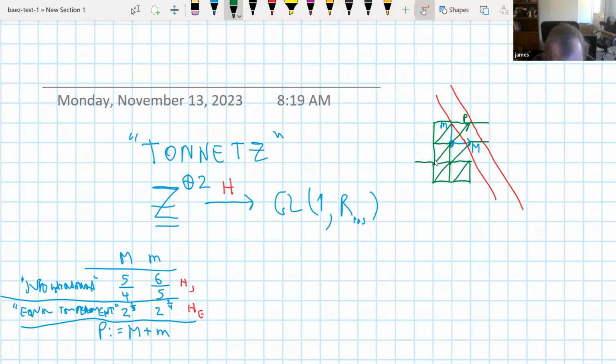One of my naive reactions here is, let me draw a little chord progression here. Well, I guess you could do this chord progression clockwise or counterclockwise.